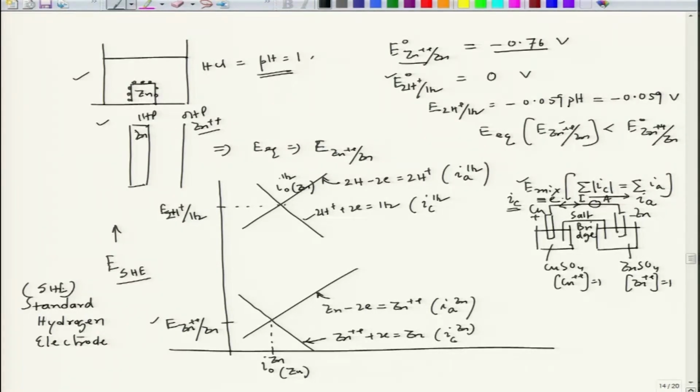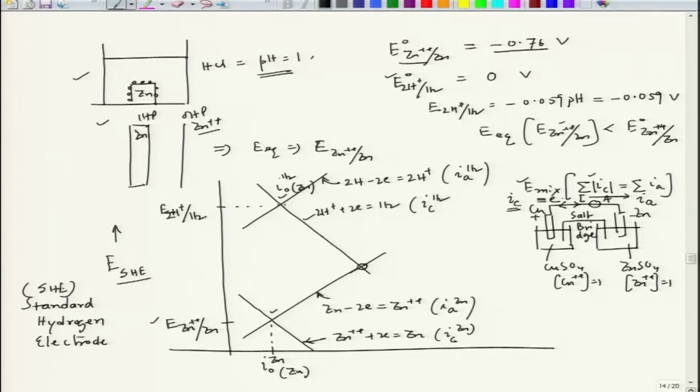Now, it has to reach a potential which will be between these two potentials, and at that potential the net current density for the cathodic process and the net current density for the anodic process will be similar, and I could see that situation is arriving when they are approaching and intersecting at this point.